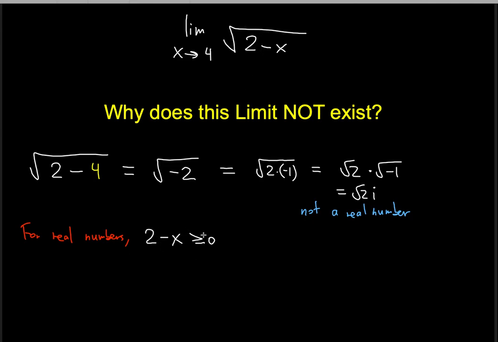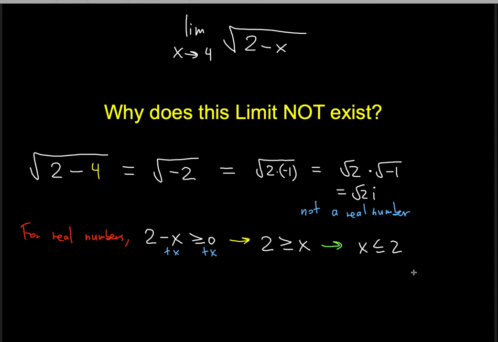Thus, 2 minus x must be greater than or equal to 0, which means that if you add x on both sides here, you will have 2 is greater than or equal to x, which basically means the same thing as, if you want to make it look better, x is less than or equal to 2, right?